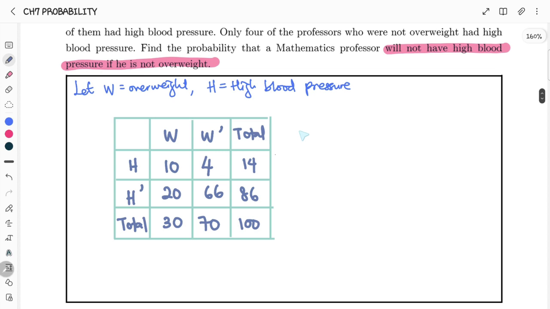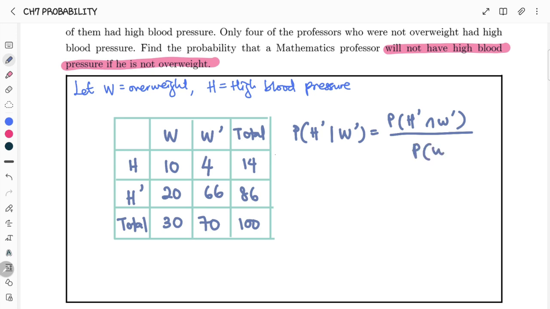The question is asking you to find P(H complement given not overweight), and the formula is P(H complement intersect W complement) over P(W complement).